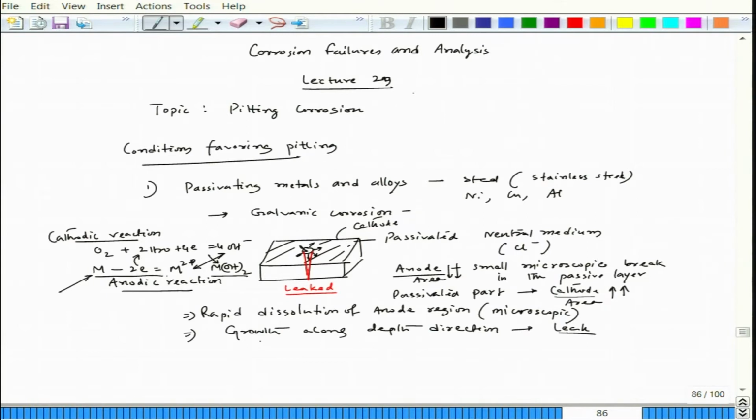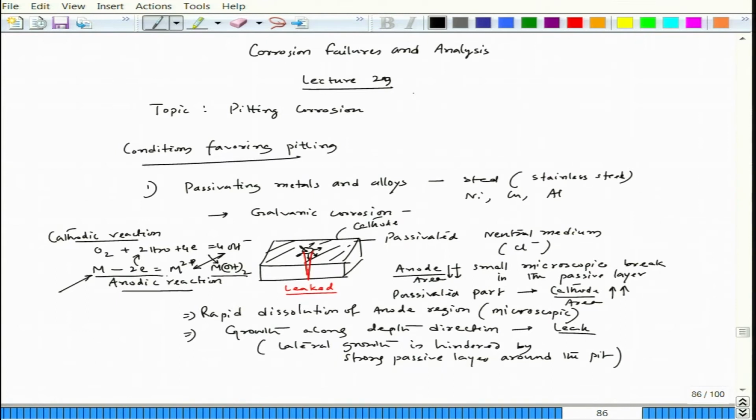Okay. Because why? Because lateral growth is hindered by the strong passive layer around that particular pit. So, now you could realize that if that particular small pit is microscopic, it will be very difficult to observe with the naked eye.